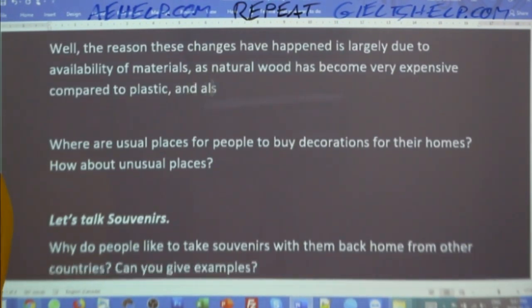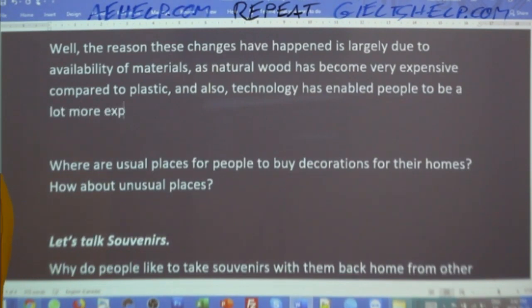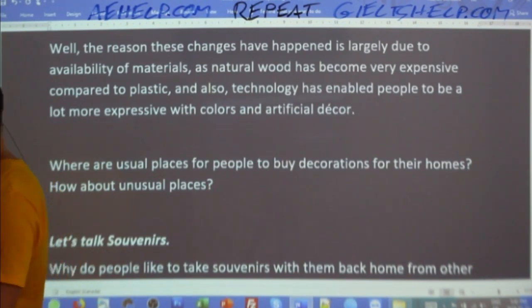And also, technology has enabled people to be a lot more expressive with colors and artificial decor. Okay?